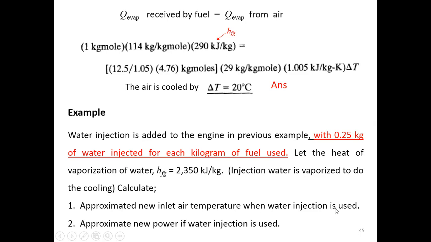Apart from this, they want us to also calculate the approximate new power if water injection is used, right? So not only the inlet air temperature that they want to know after they use the water injection, they also want to know the new power received from the engine under water injection.